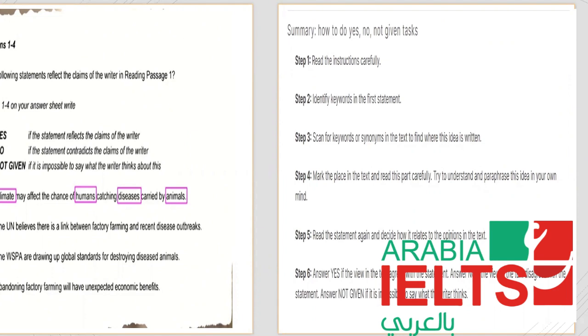It's always based off what the writer thinks about it. Be careful. In this question, you have to put yourself in the shoes of the writer, not in your own belief or knowledge of the topic. So be careful about that.